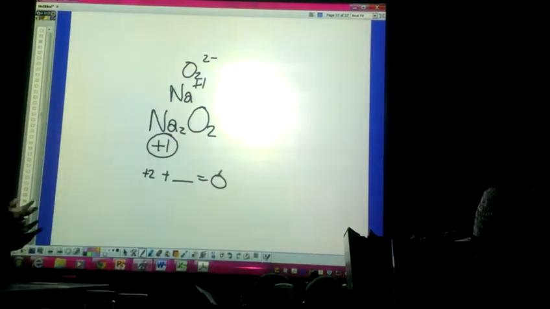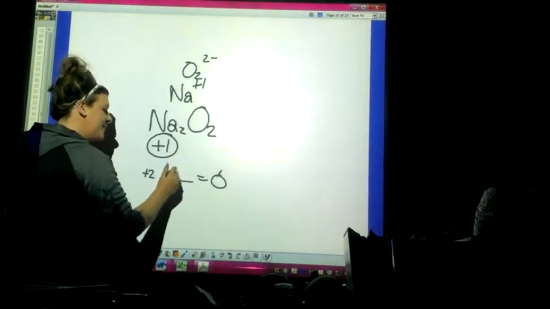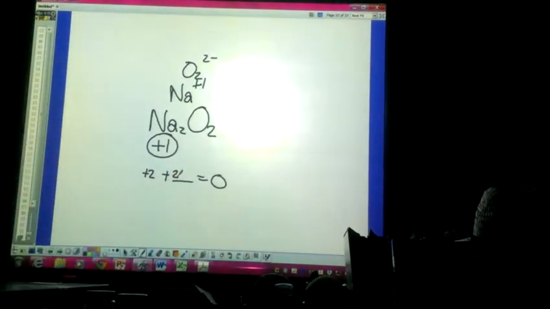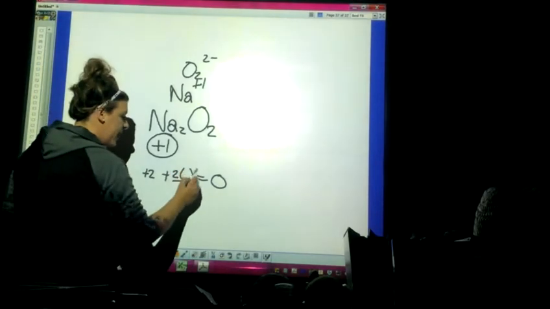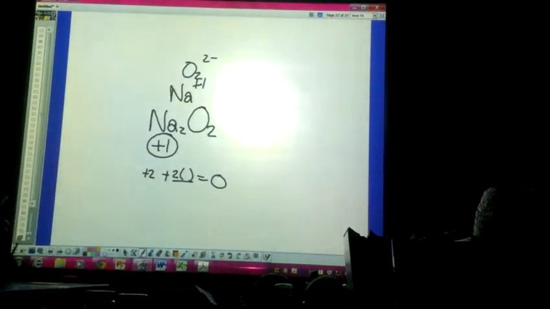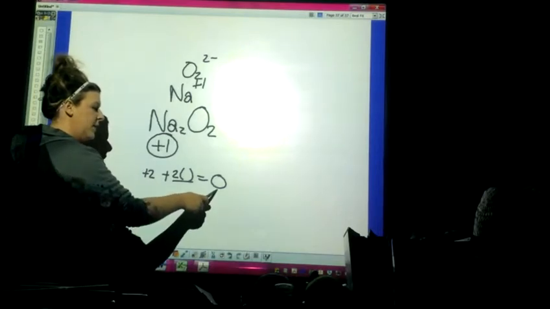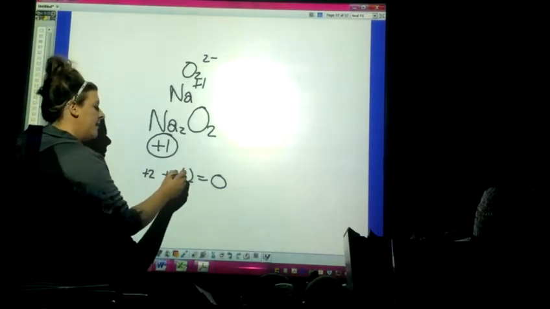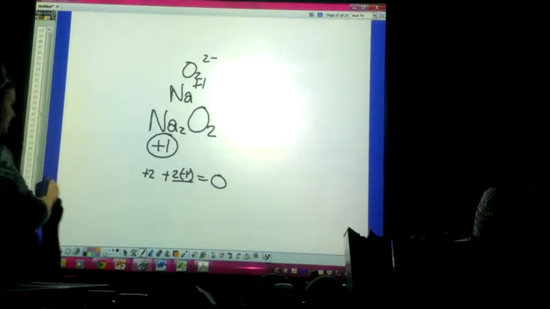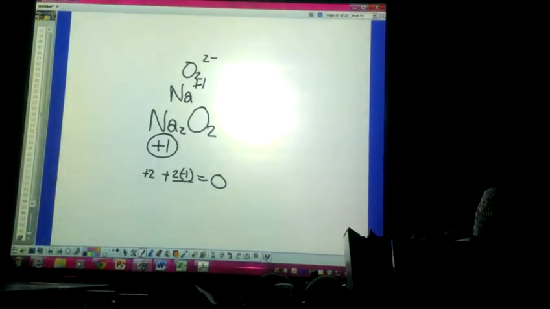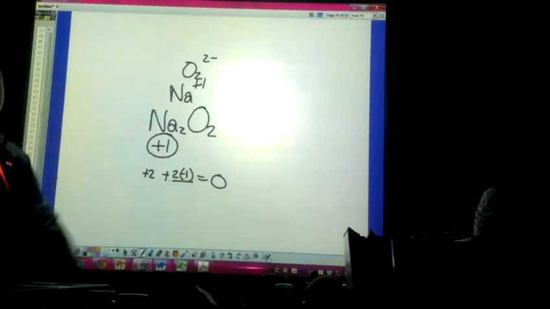That's my goal. Now, I have 2 of these oxygens, and then I need to figure out what the oxidation state is. So if I have a +2 here and something has to cancel out to make 0 here, that means oxygen is going to have a -1 charge in this case, which makes this a peroxide, okay?